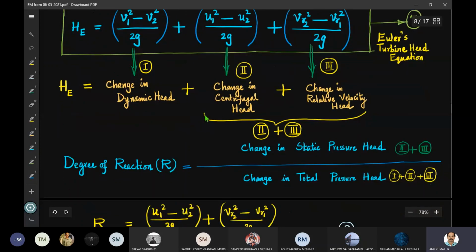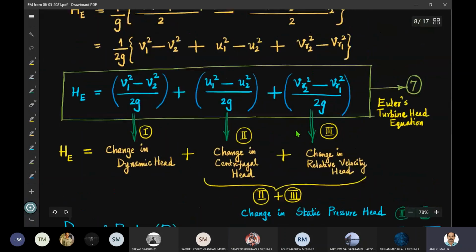And these three terms are extremely important, out of which the second and the third one collectively represent the change in static pressure head. As you know from fluid mechanics, the total stagnation pressure head is the sum of dynamic pressure head and static pressure head. Static pressure head plus dynamic pressure head is stagnation pressure head or total pressure head.